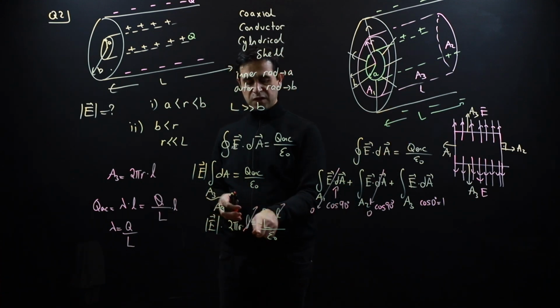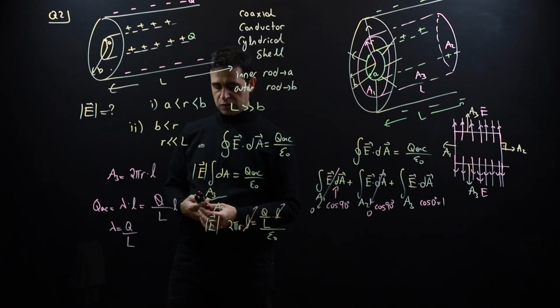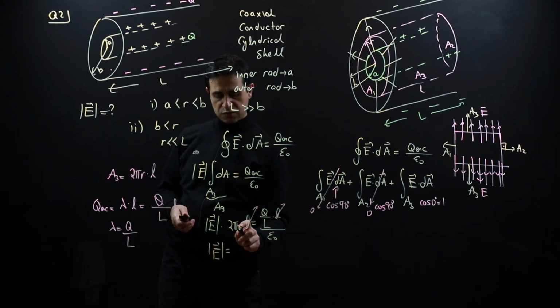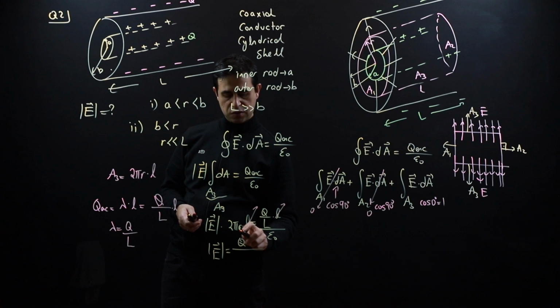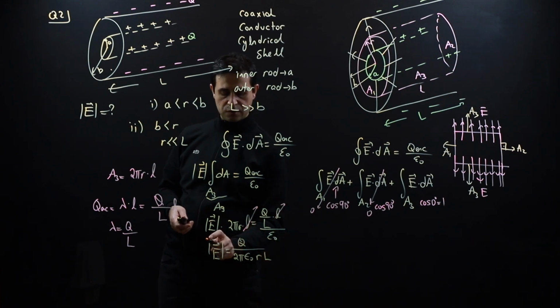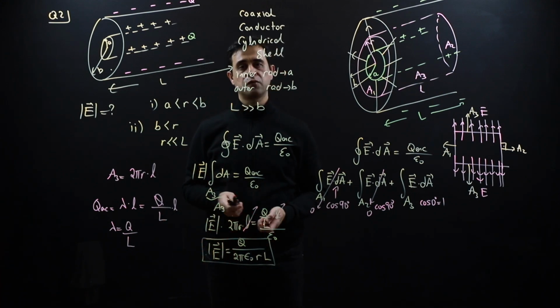So you can take the 2 pi r to the denominator, so the magnitude of E becomes Q divided by 2 pi epsilon 0 times r and capital L. So r goes here and L is already here, right? So this is the magnitude of the electric field for this question. Thank you.